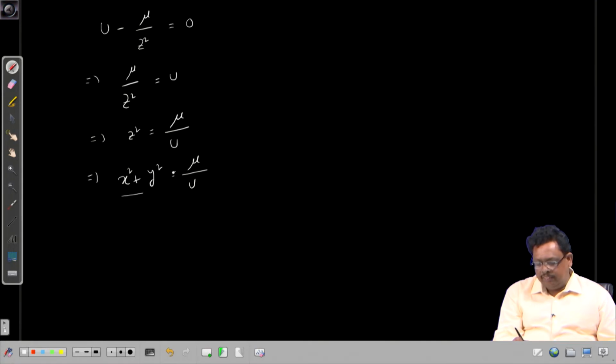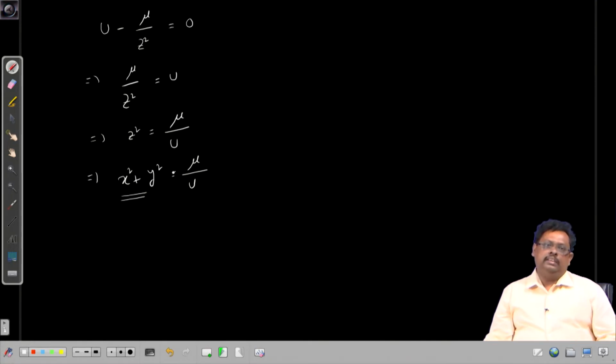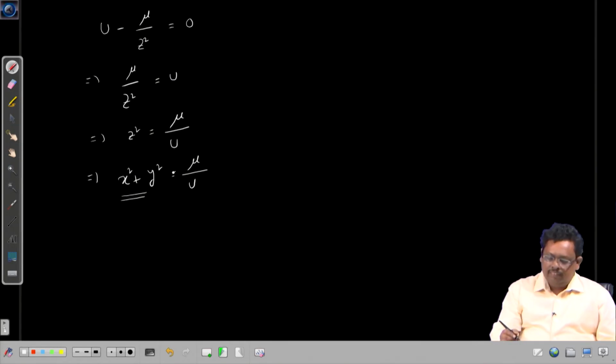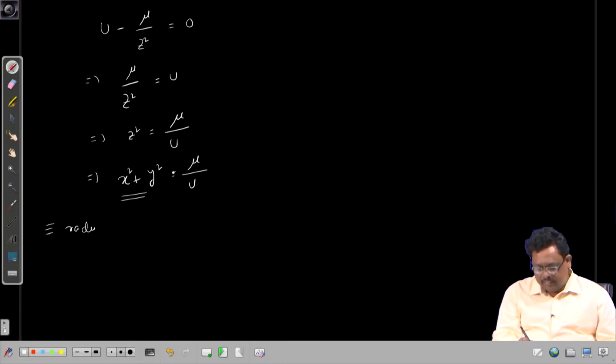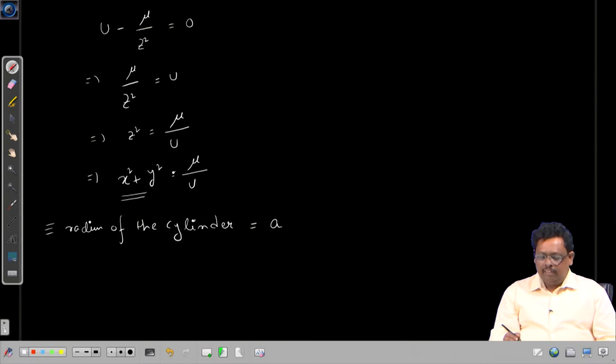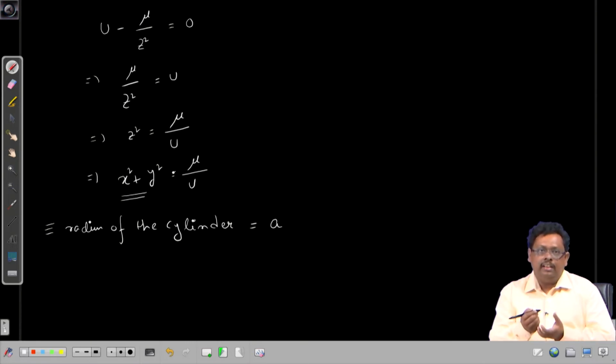Now, this is nothing but a circle, where x square plus y square must be equal to the radius square. So, if we assume the radius of the cylinder equals a, I can find that there is a relationship between the radius of the cylinder and the strength, right.